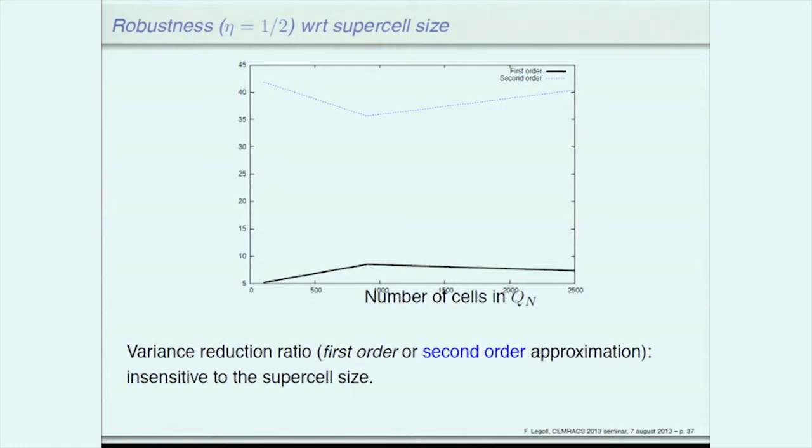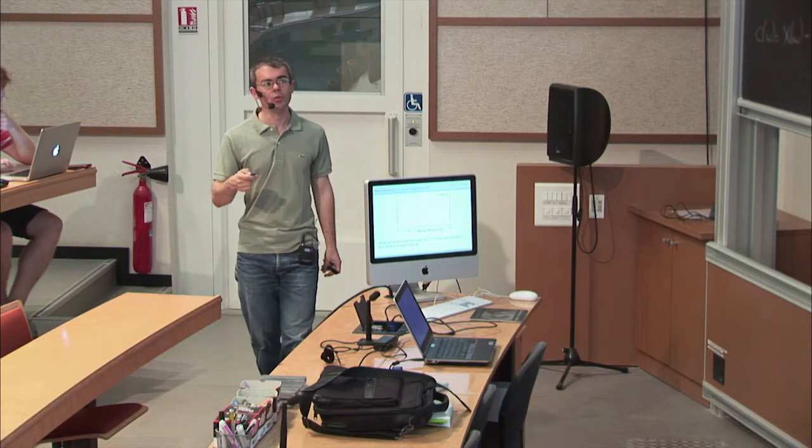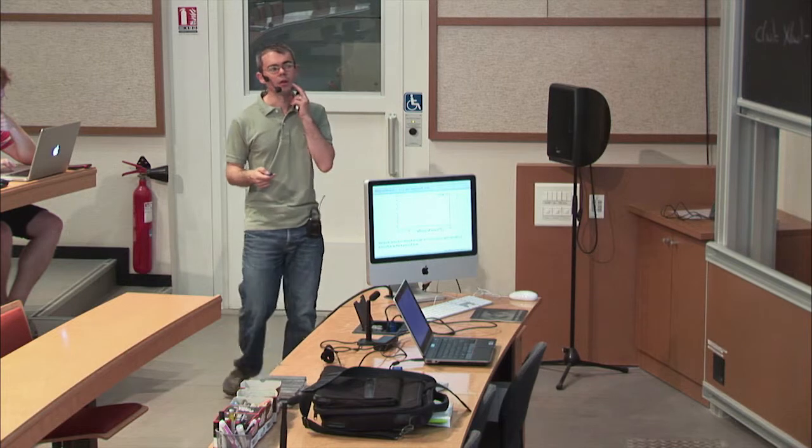This is the variance reduction when you take the contribution of single defects, and here the variance reduction when you take the contribution of pairs of defects. What you see is essentially that these lines are straight lines, so it does not depend on N. There is a little variation when you move N, but this is not that important.